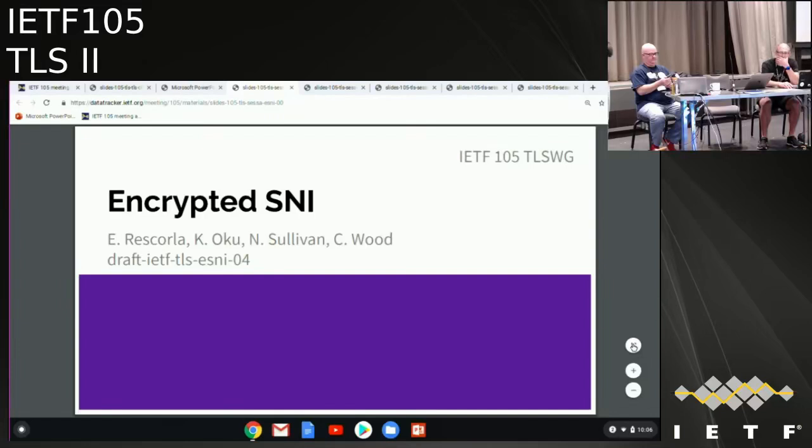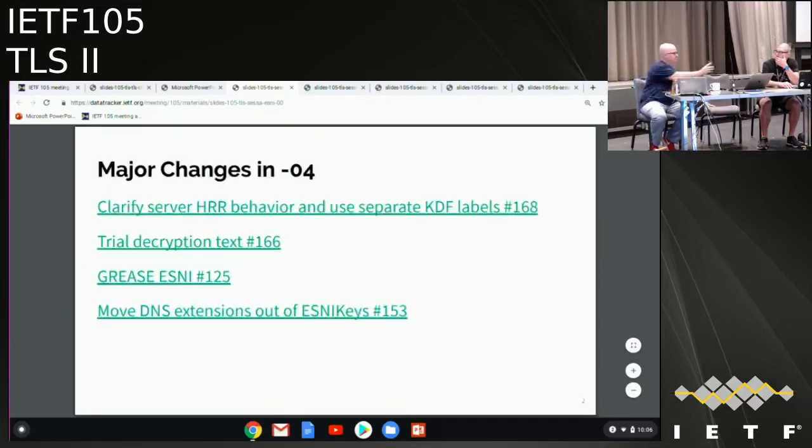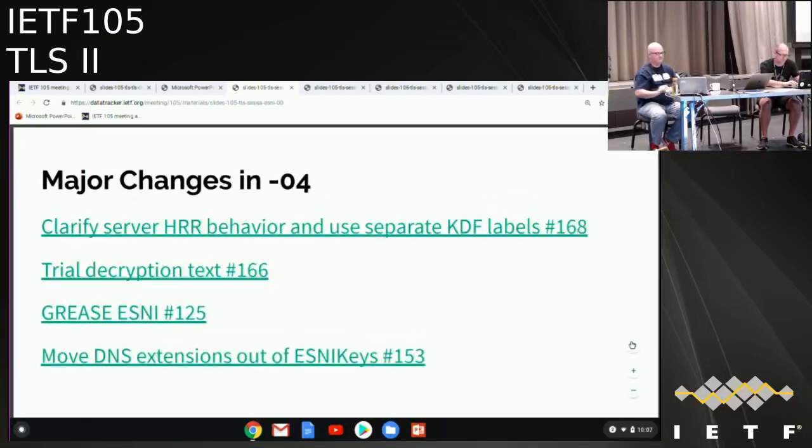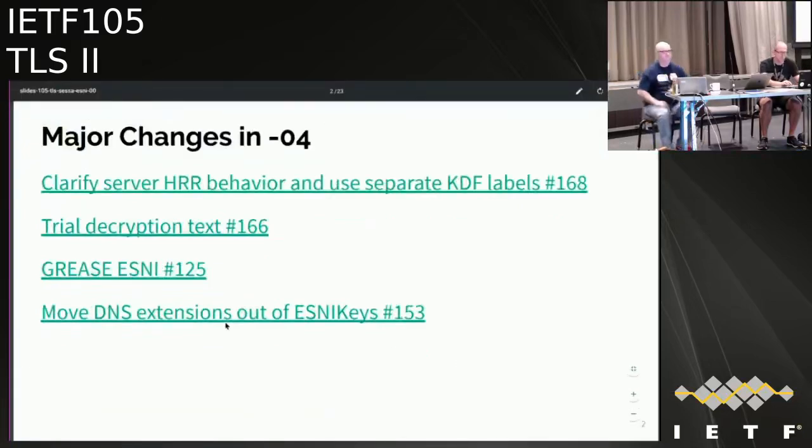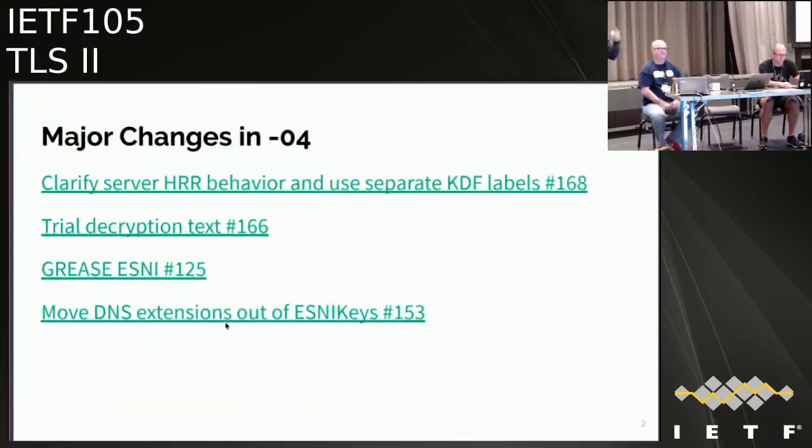All right. So this is just an update on encrypted SNI. There are a couple major changes that went into the latest version. In particular, there was a bug around how we deal with HRR, potentially leading to nonce and key reuse. So we fixed that with a temporary patch that uses 2 different labels when doing key derivation, to avoid deriving the same keys and nonces and using them to encrypt 2 different messages.